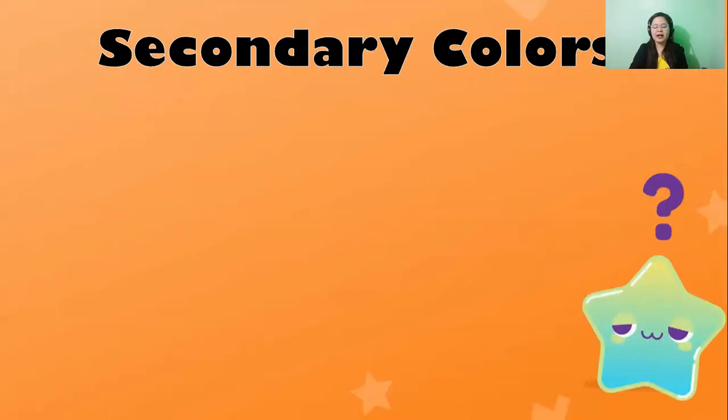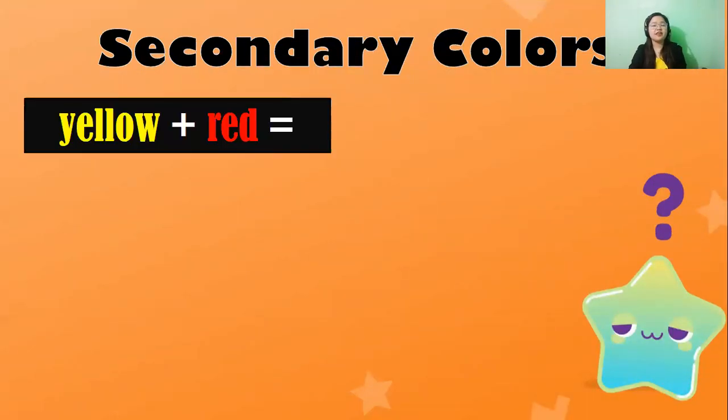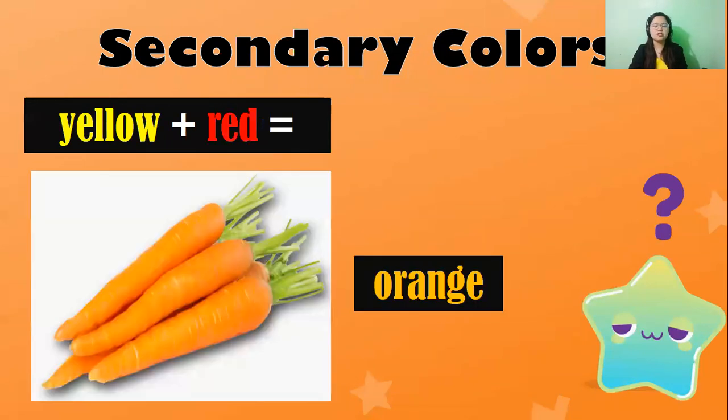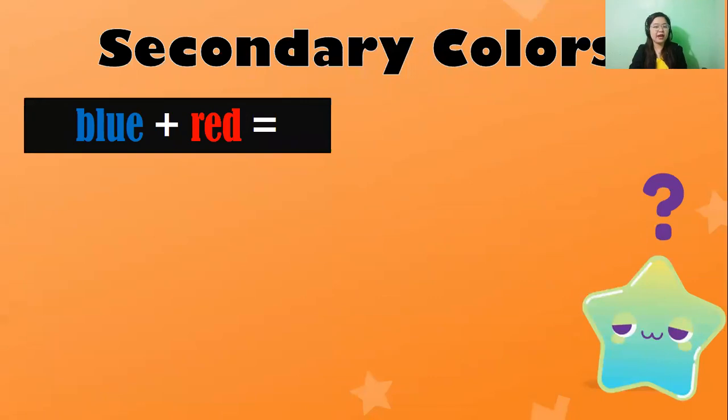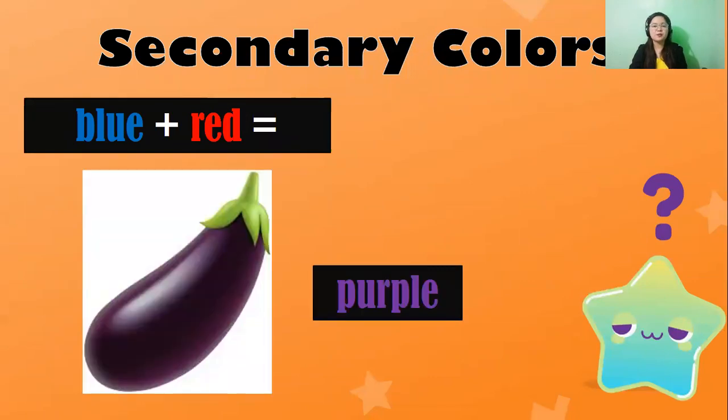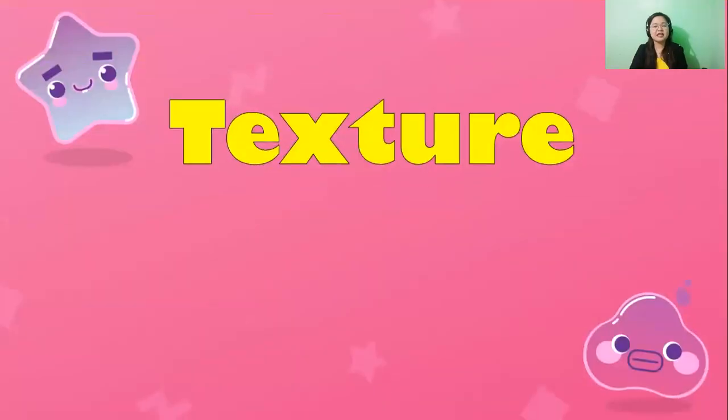We also have a combination of yellow and red, which is orange, and a combination of blue and red, which is purple. So I know you are very much familiar with the secondary colors because you did it in your assignments.